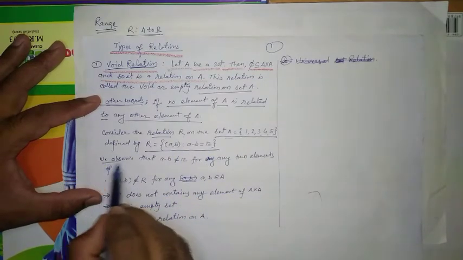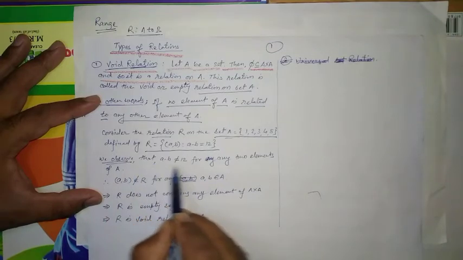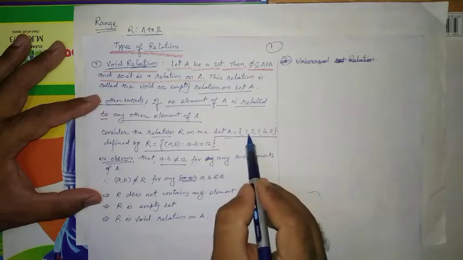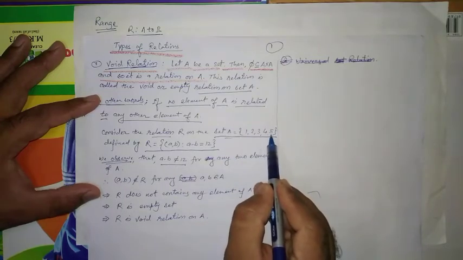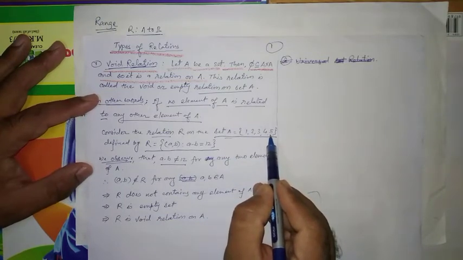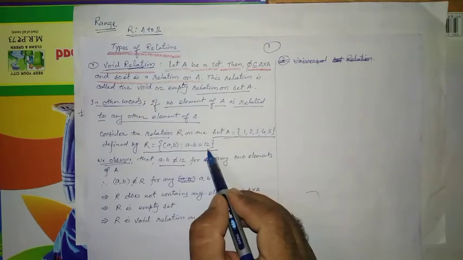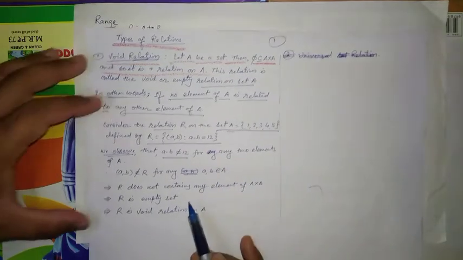We observe that a minus b is not equal to 12, as we can see here. If I subtract 1 from 5, I get 4. But here it is defined as a minus b equal to 12, and that is not possible.